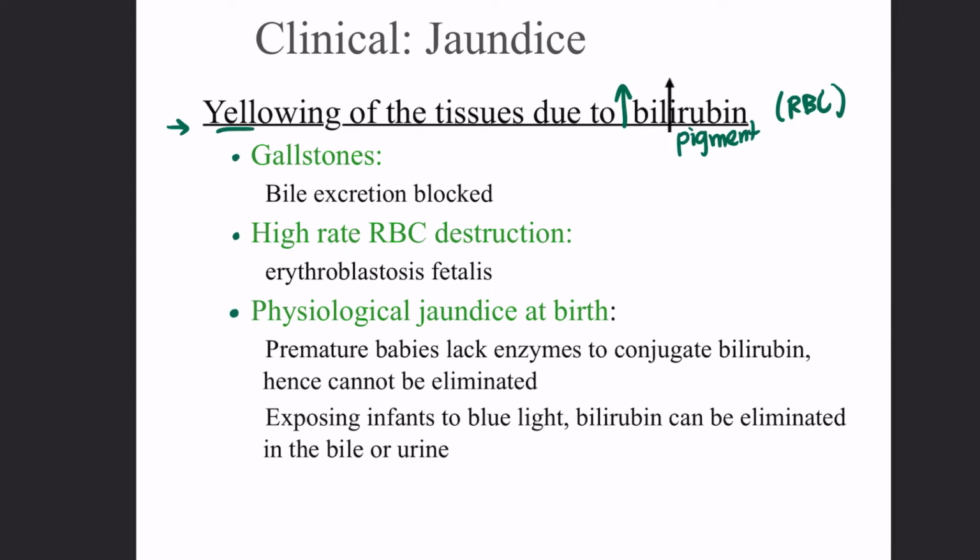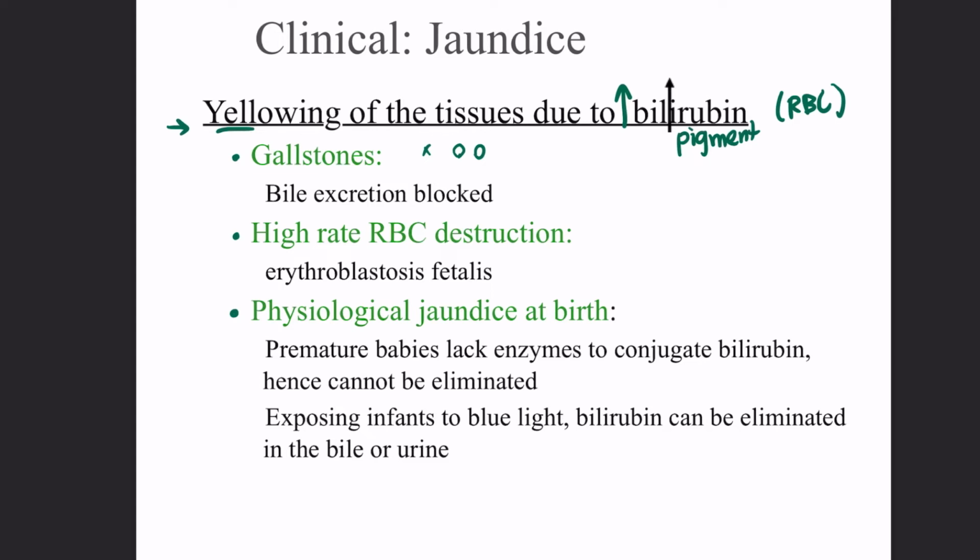Gallstones. Gallstones are where the bile excretion, so maybe a bile duct, is blocked, and so then you get an accumulation of bile salts, and this could be really painful. This can cause increased bilirubin.